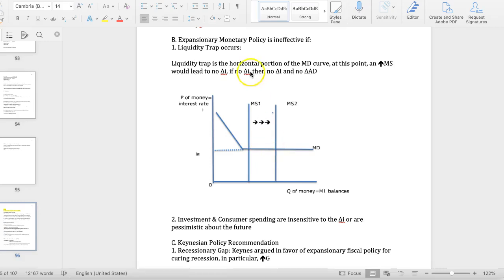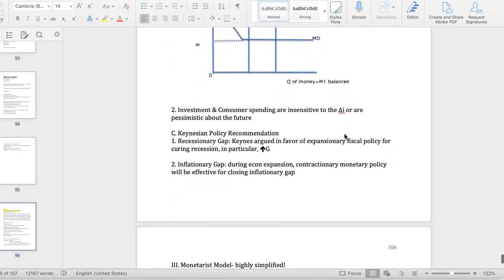If there's no change in interest rate, then there's no change in business spending, and there's no change in aggregate demand. So you don't want to be in a liquidity trap, which is basically when the interest rate is so low and everything is stagnant that the government can't do anything. So in this case, expansionary policy would be completely ineffective.